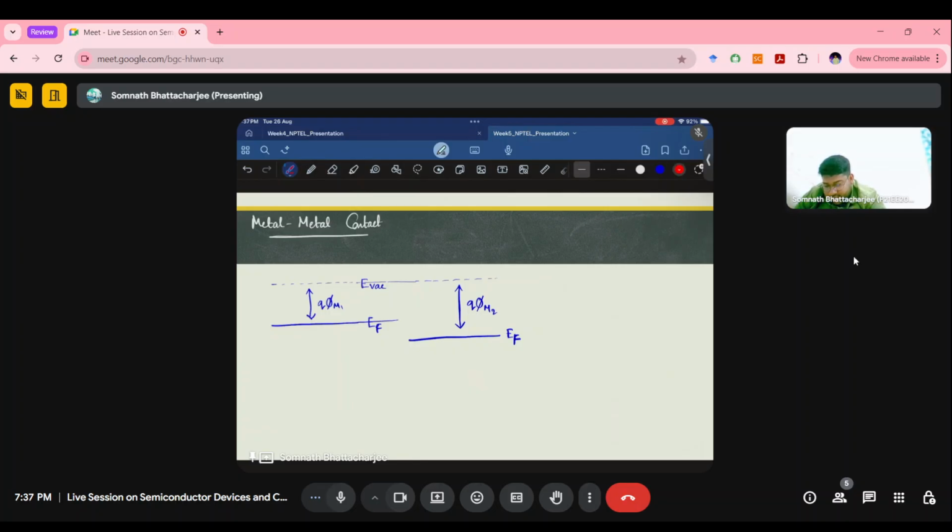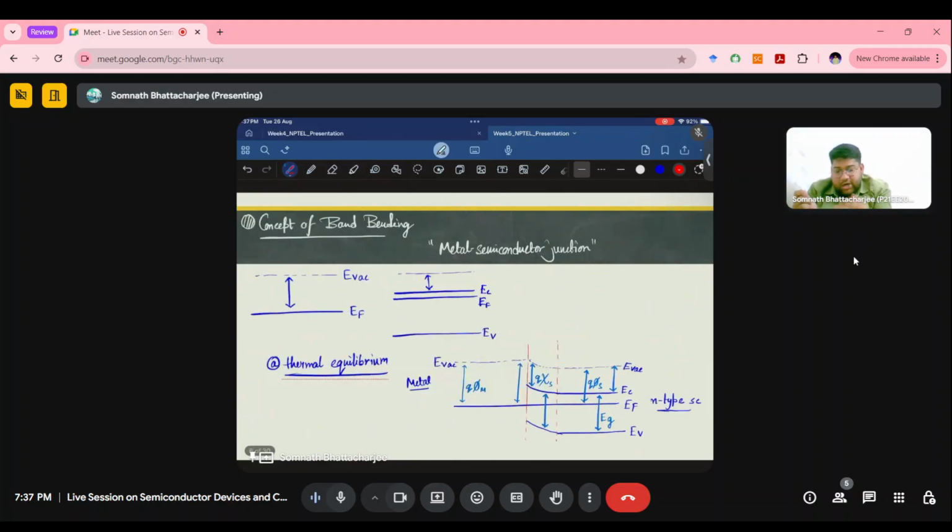So what would happen if there are, let's say, electrons here? They will just jump here. That's it. There would be no bending, because what happens in the semiconductor is that the Fermi level aligns, and based on that the other bands get bent.